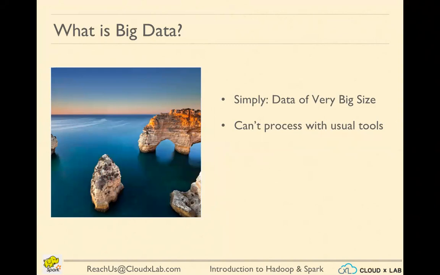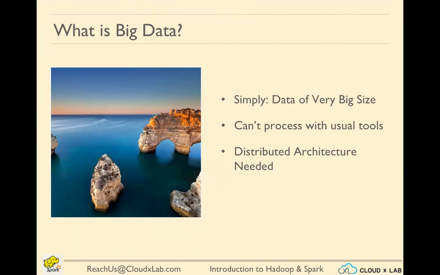So big data is simply data of very big size that you cannot handle or process using usual tools such as your usual file system, usual database, and so on. And what kind of unusual tool do we need?